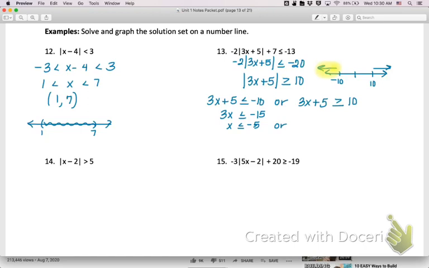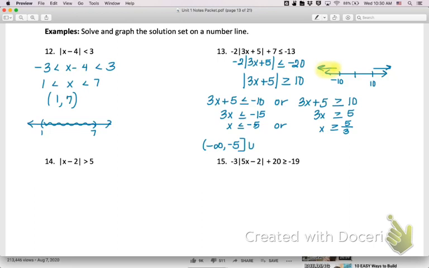Or 3x is greater than or equal to 5, and that means x is greater than or equal to 5/3. Now writing that as an interval, they don't overlap, so I have to use union to create a single solution set. So the first one can go from negative infinity up to negative 5.